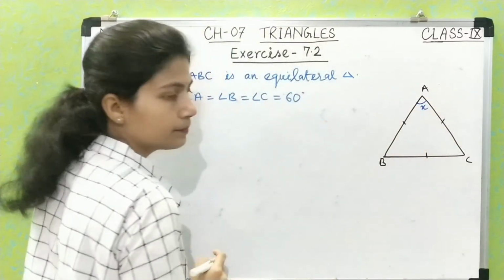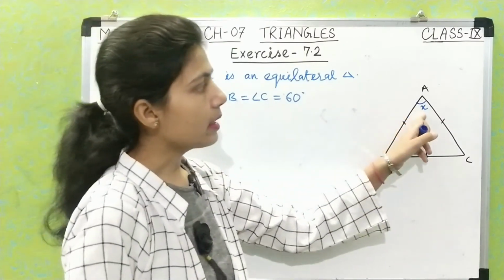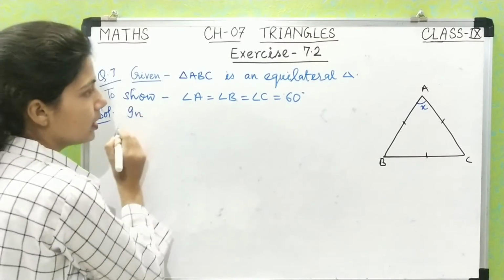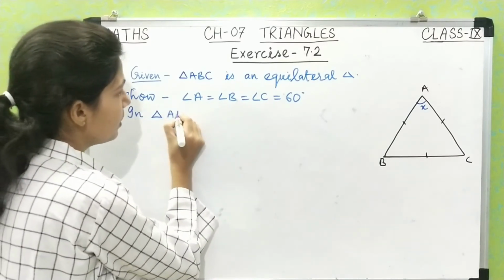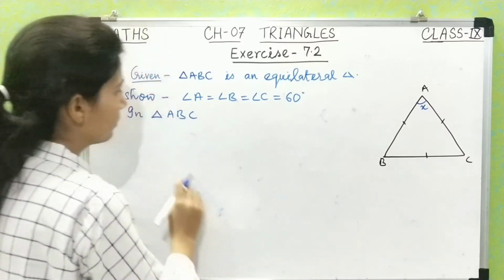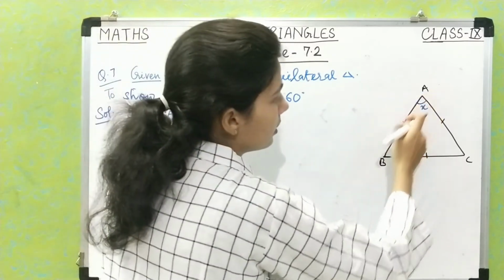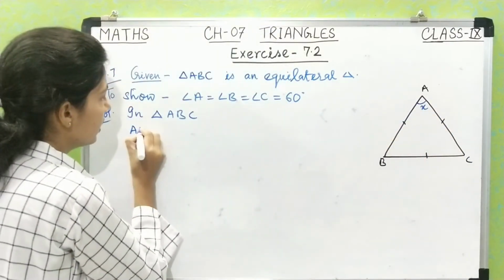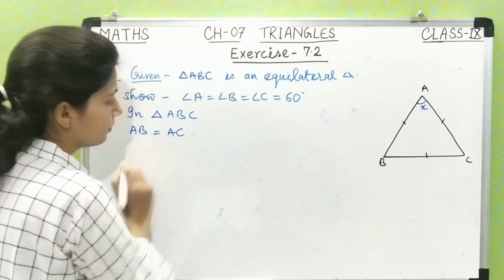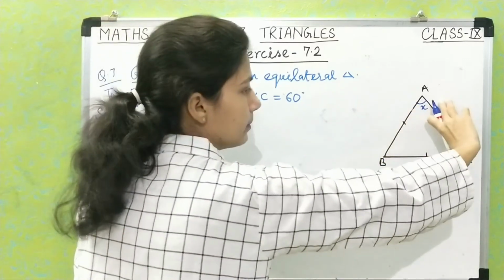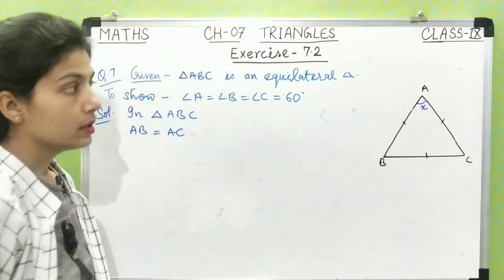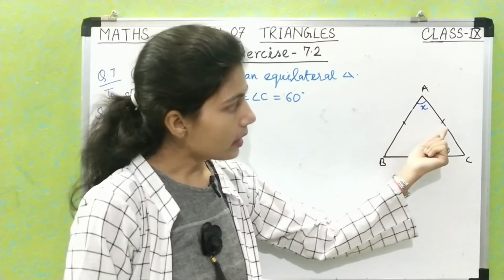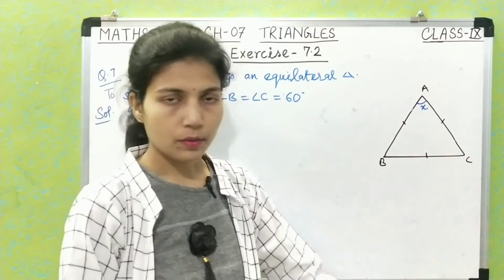Suppose this angle A is X. Now see, in triangle ABC, if these two sides AB equals AC, if we consider these two sides as equal sides, then the angles opposite to these sides will be equal.